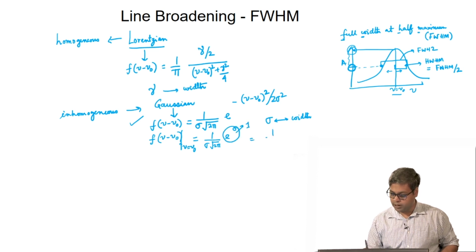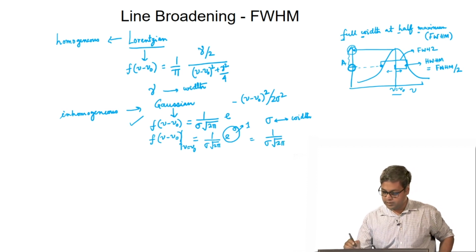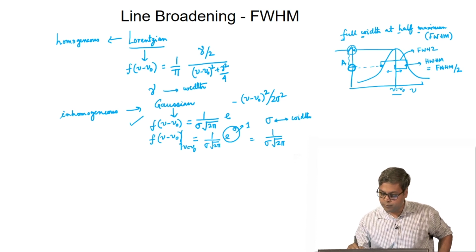So, this is 1 by sigma root over 2 pi. That means the maximum absorbance is 1 by sigma root over 2 pi. So, the absorbance at half the maximum absorbance value is 1 by 2 sigma root over 2 pi.